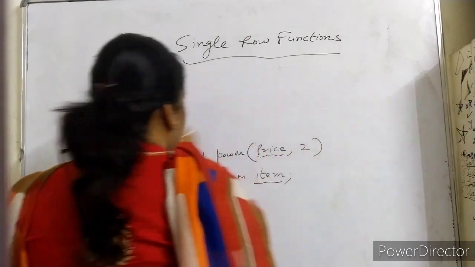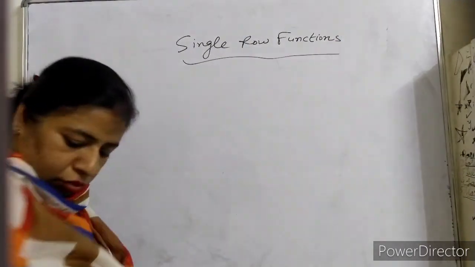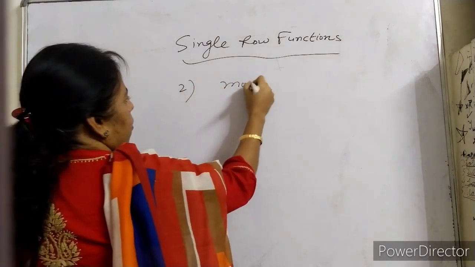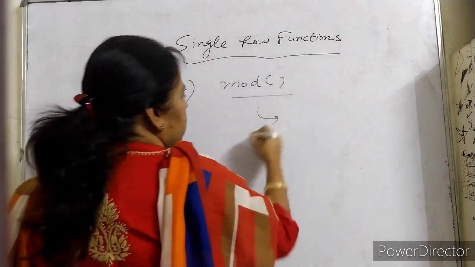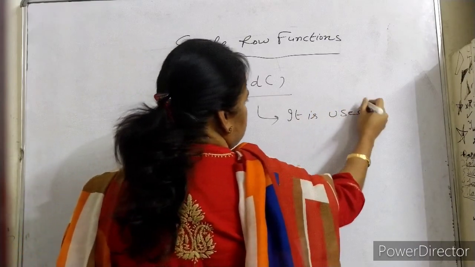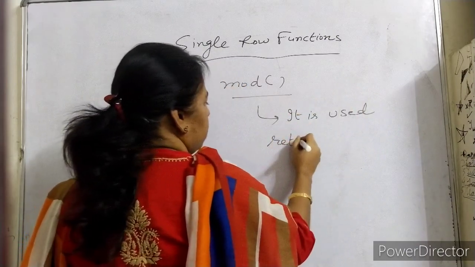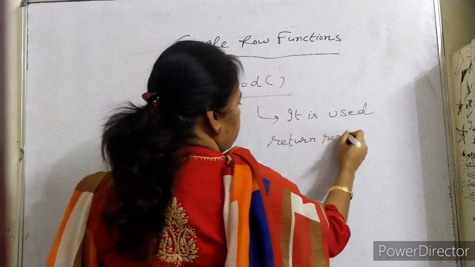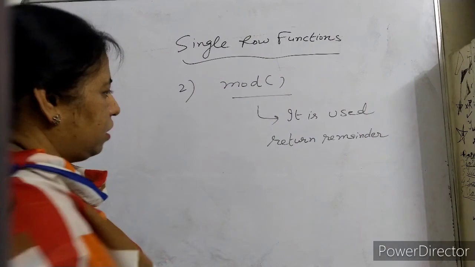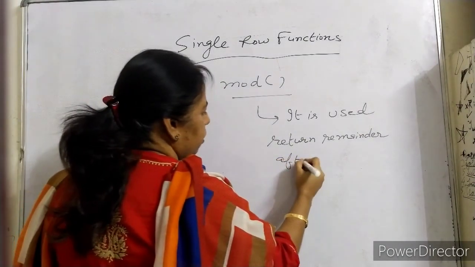Now I take the second function from your syllabus, that is mod. Mod is used to return the remainder. You already know that mod means modulus, remainder after division.